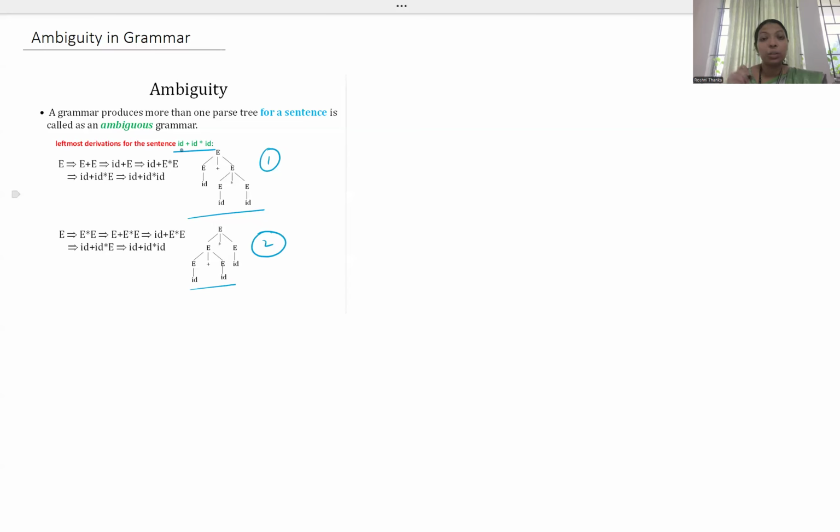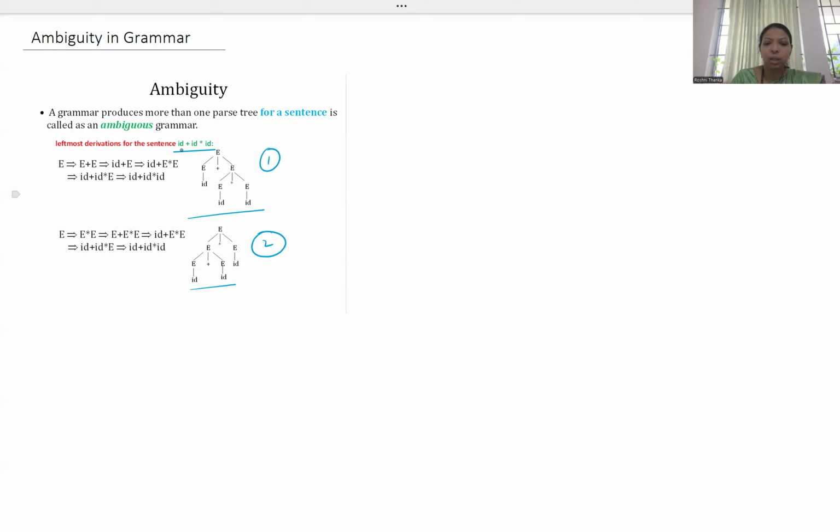When we have this kind of ambiguous grammar, it is very difficult to use this grammar when we apply some parsing algorithm. So we have to eliminate this ambiguity from the grammar. How to eliminate it? If your grammar has left associative operators, for example plus, minus, multiplication, division, these are all left associative operators, then in your grammar you can induce a left recursion.